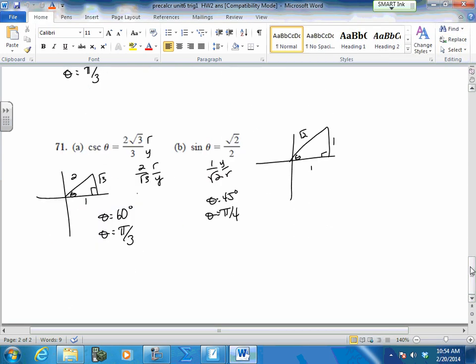This one is a little tougher, a little bit confusing looking. I don't really like to look at my cosecant, so I'm going to flip this over. What is 1 over cosecant? Sine. So I have the sine of this angle as 3 over 2 over radical 3. If I set my triangle up, this is my r, this is my other side.